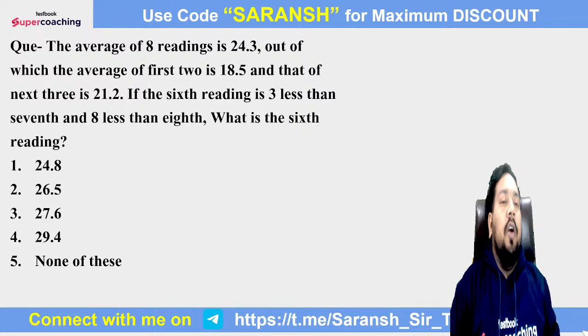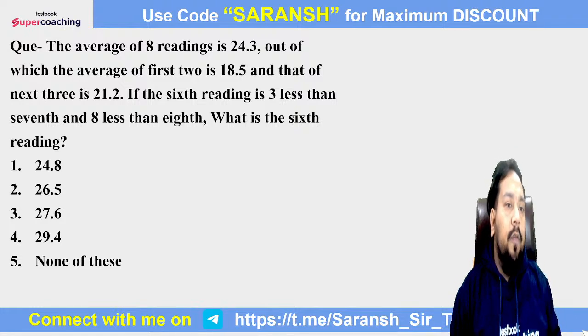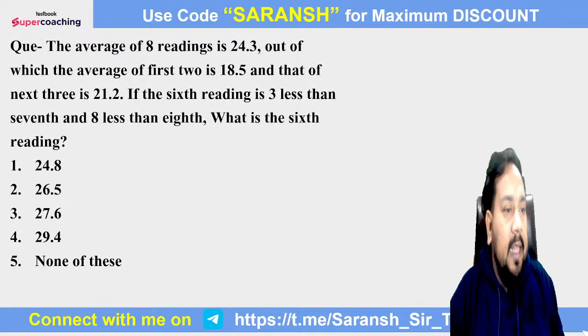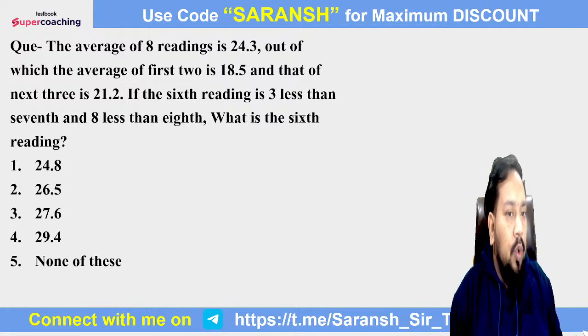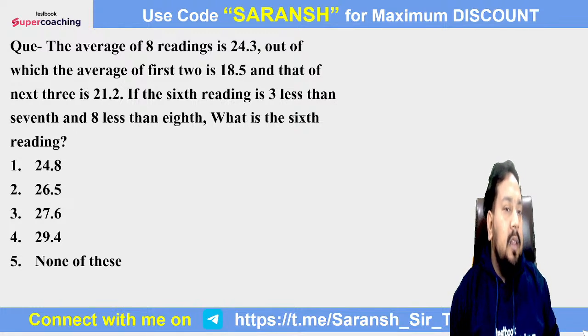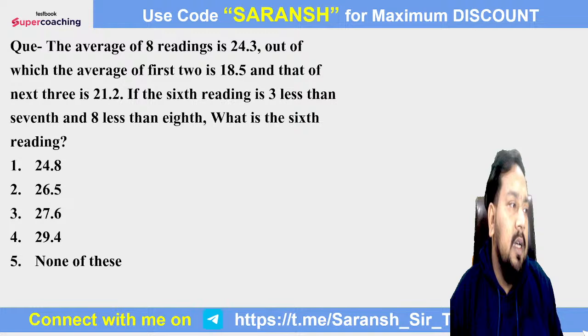The average of 8 readings is 24.3, out of which the first two average 18.5 and the next 3 average 21.2, and the sixth reading is 3 less than the 7th and 8 less than the 8th. Then what is the sixth reading?